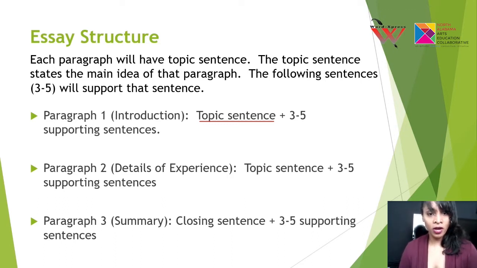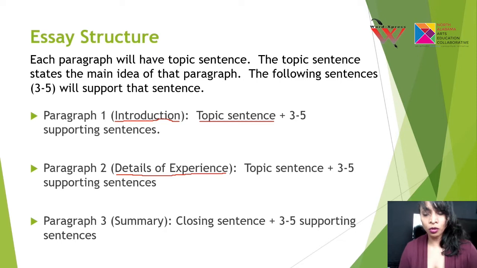So paragraph 1 is an introduction, okay? Then your paragraph 2 is going to be more details of your experience. And again, there will be a topic sentence and then 3 to 5 supporting additional sentences.